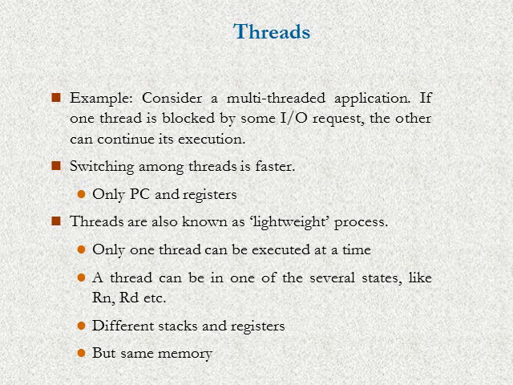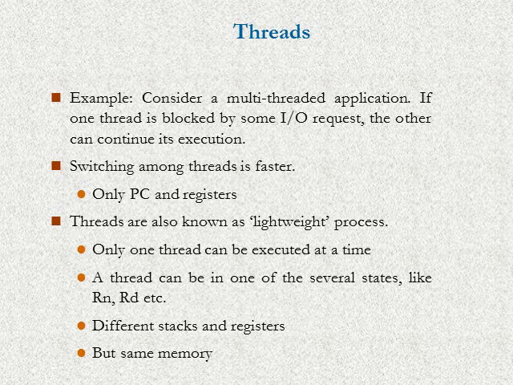The switching among multiple threads, as we had earlier discussed, that context switching is quite a resource consuming operation. So if we do not need to save the whole set of data and files and everything, then definitely that switching can take place at a faster rate.